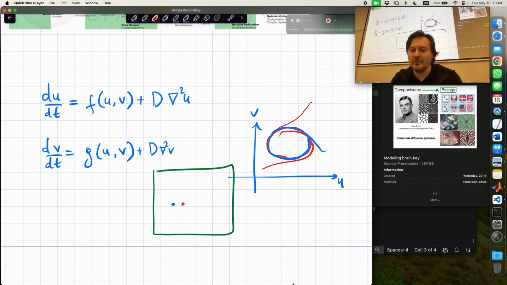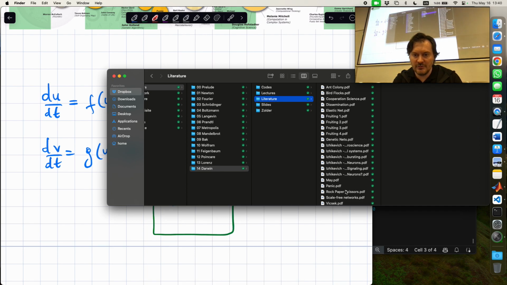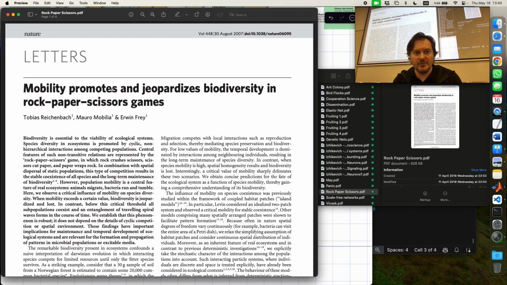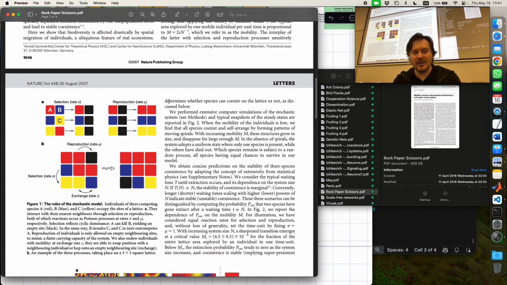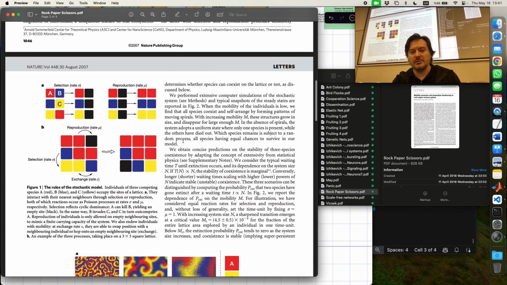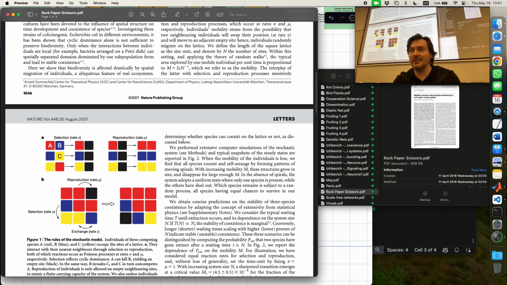So let me show you a nice example of this. Let's go to literature. Rock, paper, scissors. Mobility. This is a Nature paper. Mobility promotes and jeopardizes biodiversity in rock, paper, scissors games. What is rock, paper, scissors games? So you basically choose 3 bacteria. Yes, you can do it still.